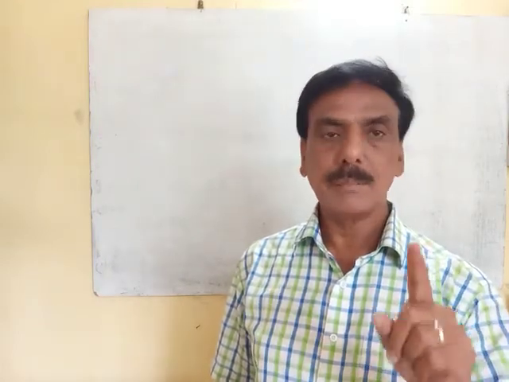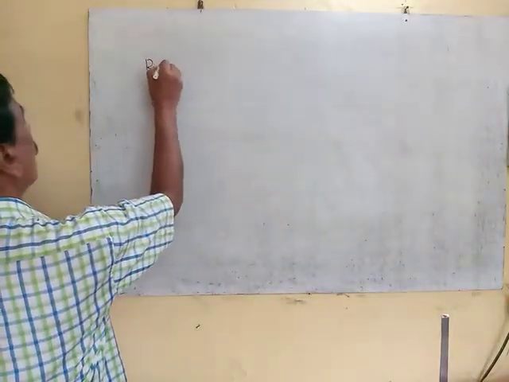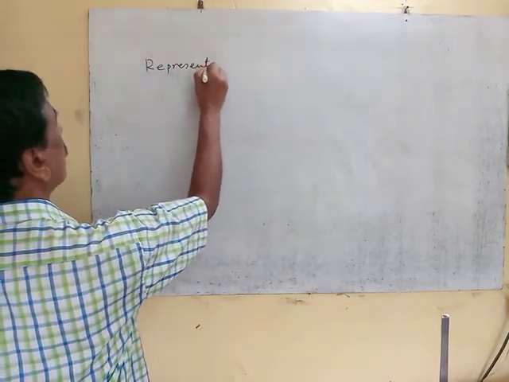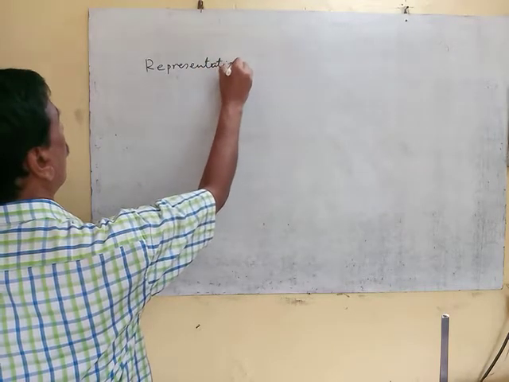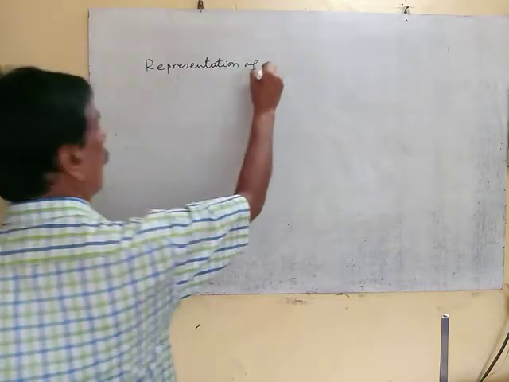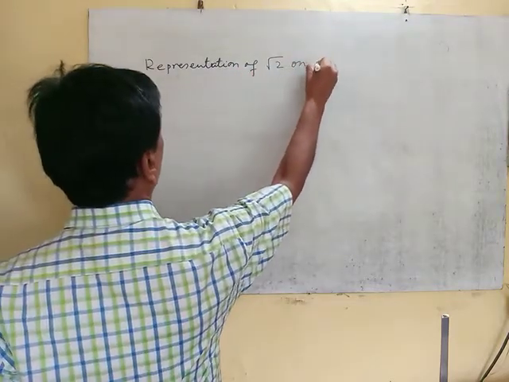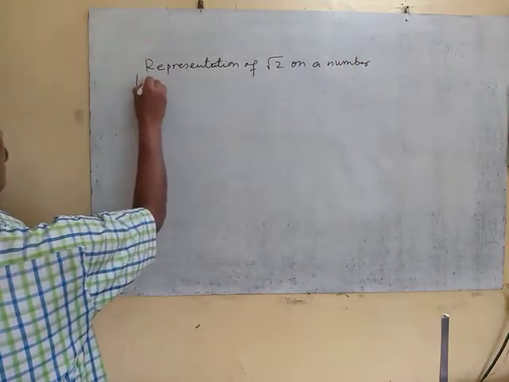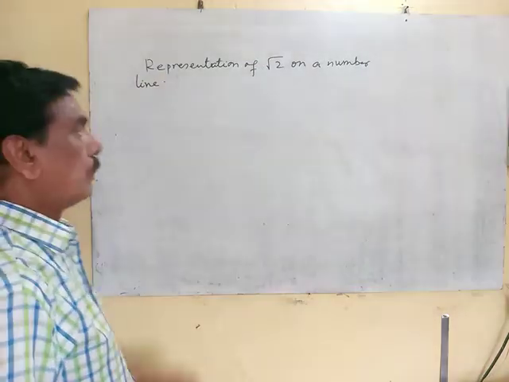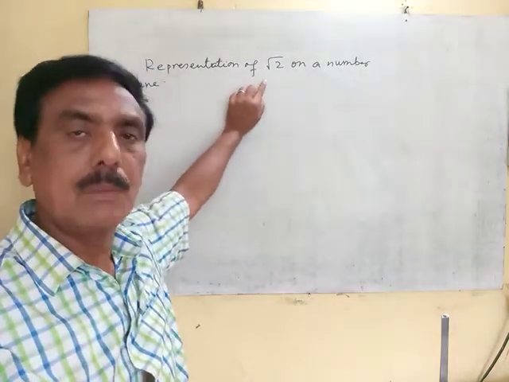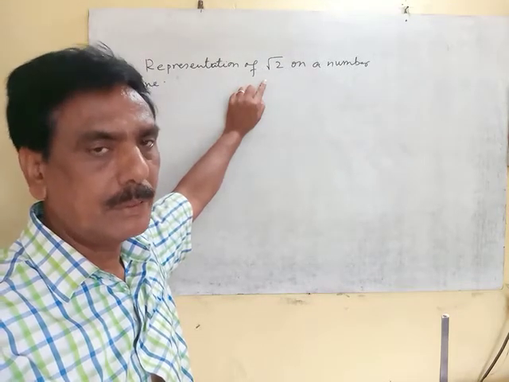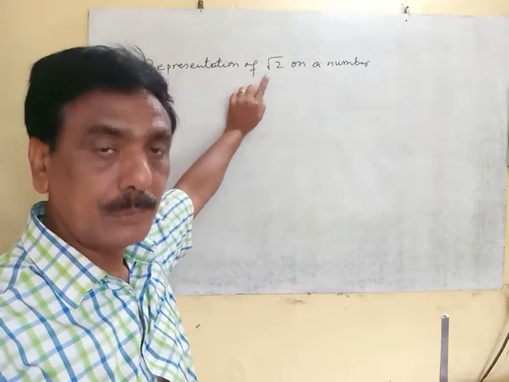Let me represent root 2 on a number line. Root 2 is an irrational number, root 3 is also an irrational number, root 5 also, root 6 also. So how to represent this root 2?